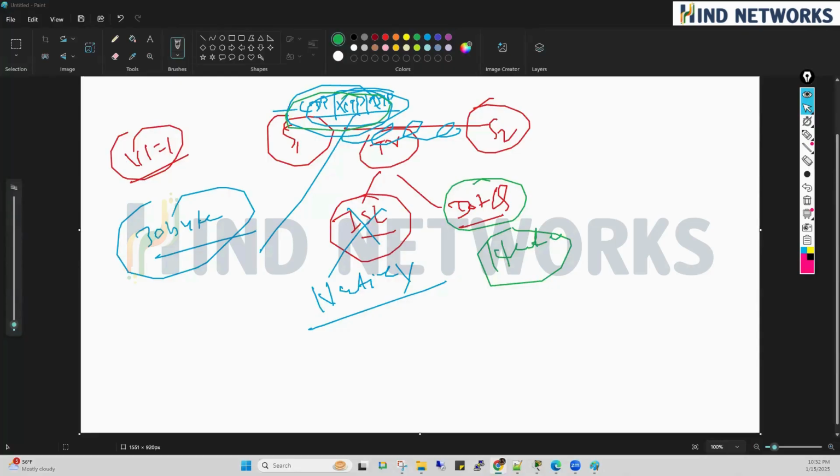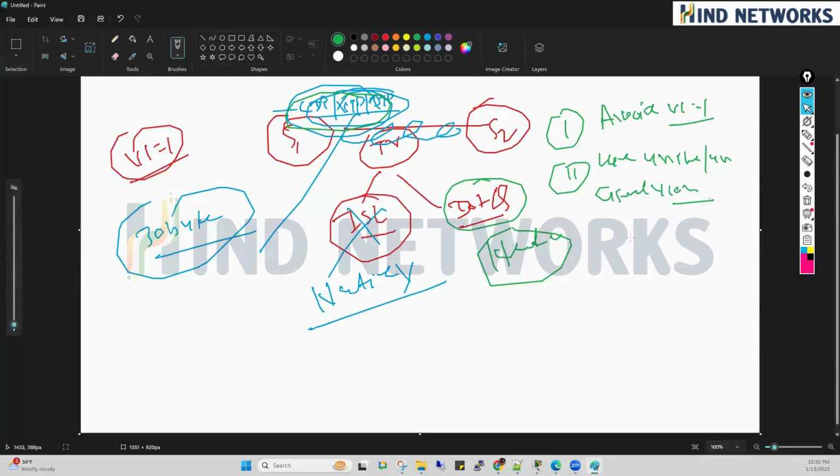And always use a dedicated VLAN. For example, you can use any unused VLAN as the native VLAN. Clear? So the first best practice is to avoid VLAN 1 as the native VLAN. Second, use any unique or unused VLAN.